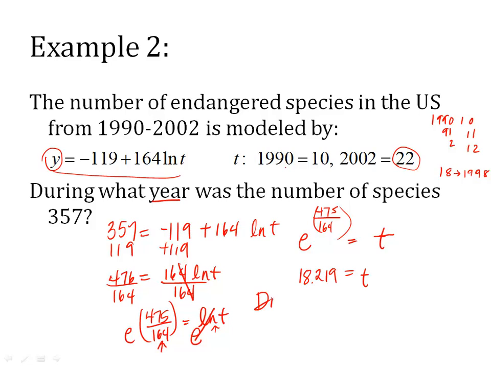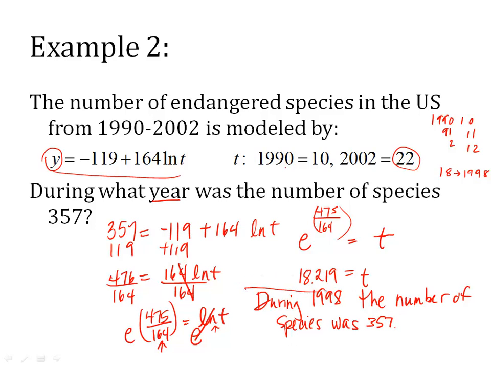So I would say during 1998, the number of species was 357. Do you have to write in a complete thought? Yes, unless you want points deducted, you have to write in a complete thought. I'm not asking for a paragraph or a paper, just a sentence that makes sense.